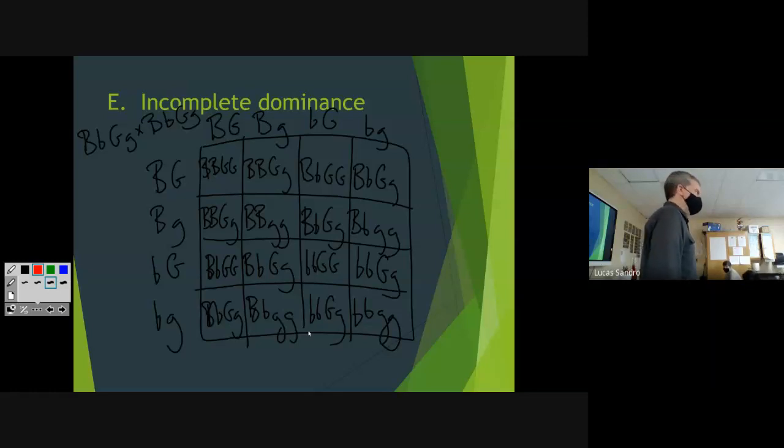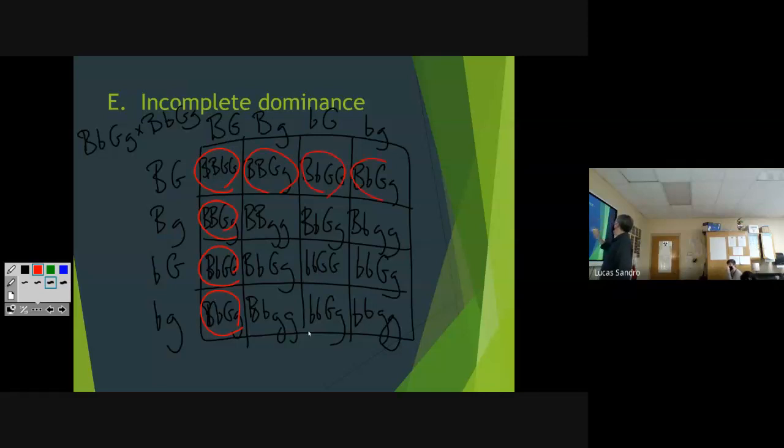We're used to 9 to 3 to 3 to 1, but this is different because Big B covers up whatever else you have. So we have our normal 9. 1, 2, 3, 4, 5, 6, 7, 8, 9. But it turns out that this one is also brown, and 11 and 12. Those are all brown-eyed kids.